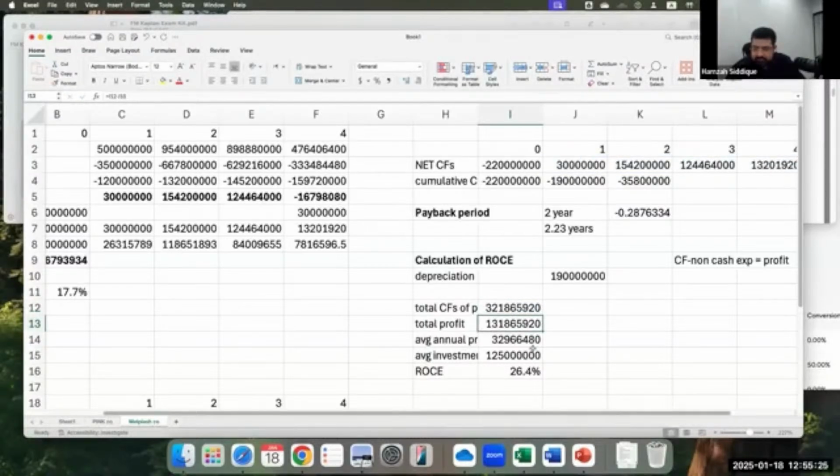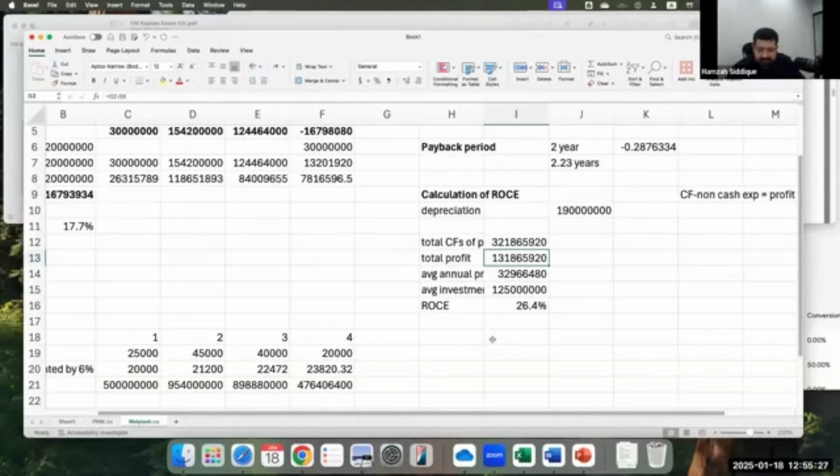Next. The next point is, students, one thing we need to deduct from the cash flows.